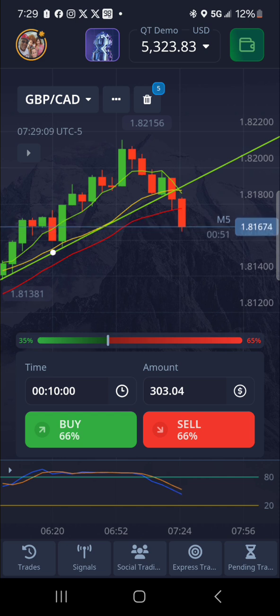So if it's above 80, then that's saying that it's overbought, which means that it's an indicator, or it's a way of saying that it should be going down soon, and vice versa. If it's in the oversold area, then it's an indicator that it should be going up soon. But this is in the middle, so it's not really telling us much.